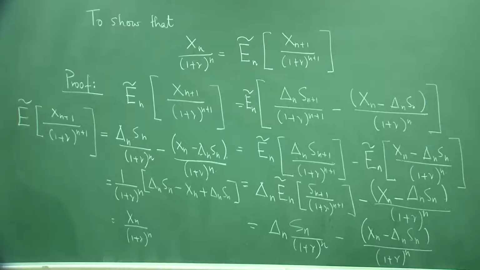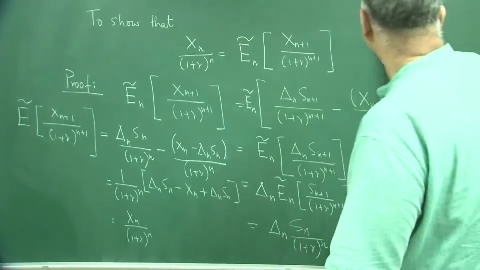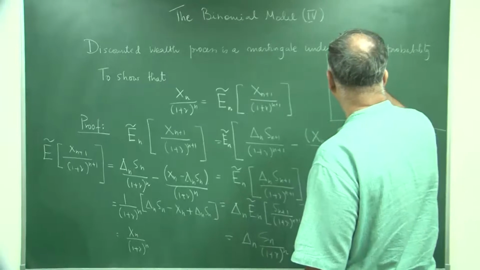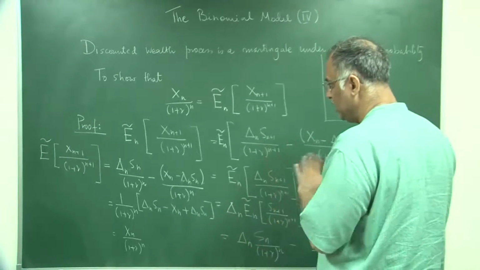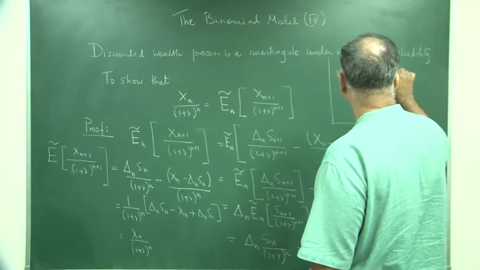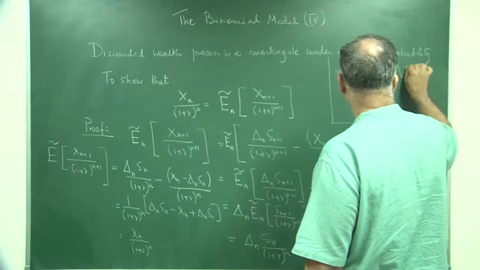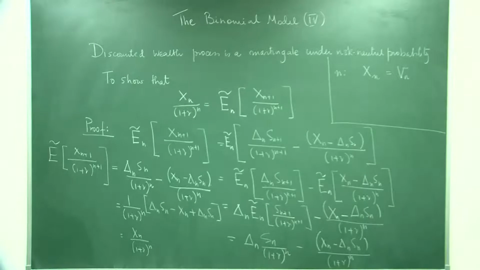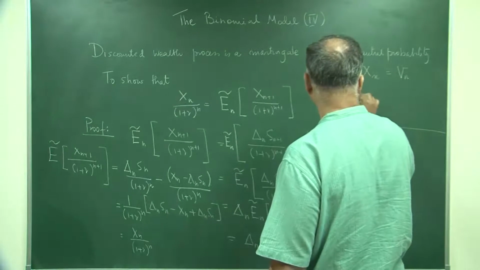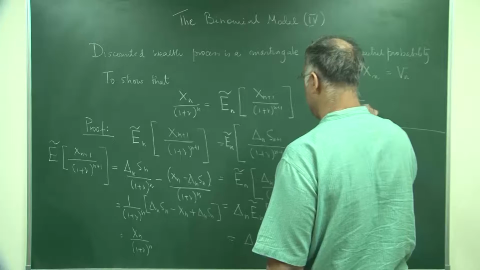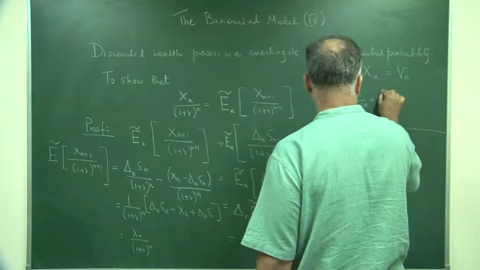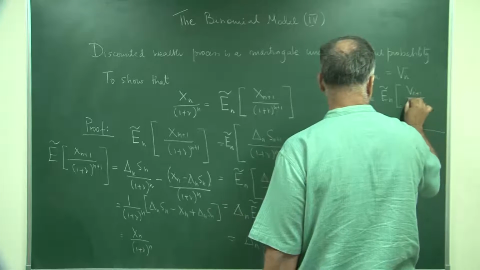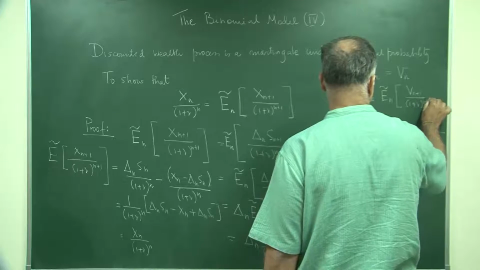Now, this has a magical conclusion, because at every stage n, for the risk to be completely hedged or perfectly hedged, the worth of the portfolio must match the worth of the option. Which means from here I can write that Vn by 1 plus r to the power n is E tilde of Vn plus 1 by 1 plus r to the power n plus 1.